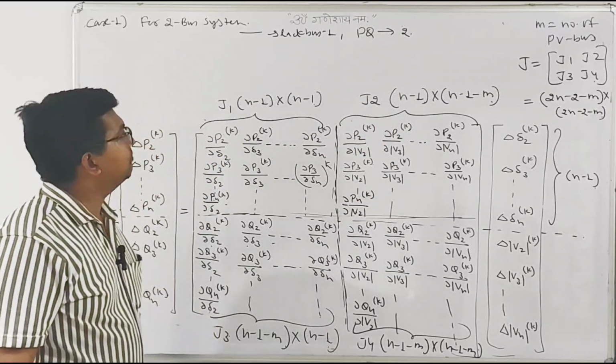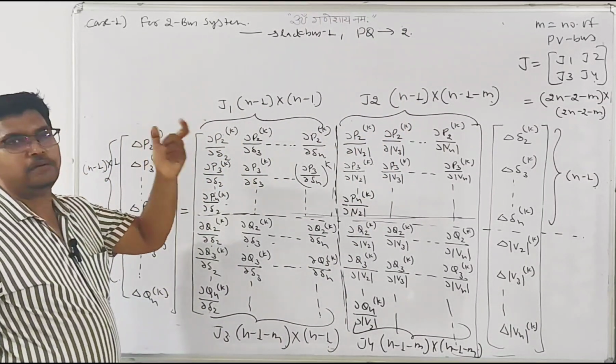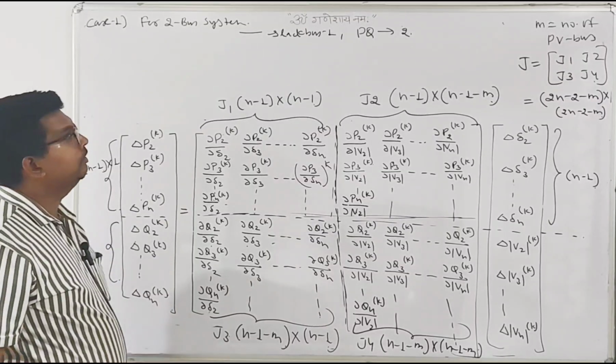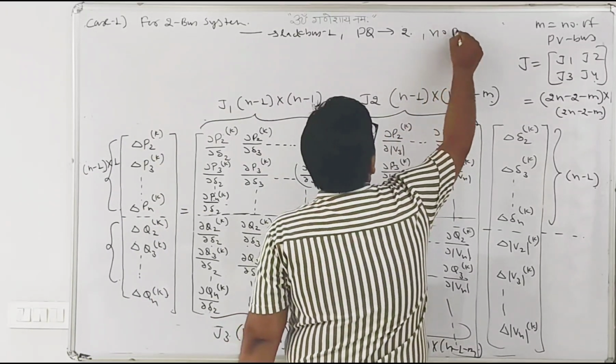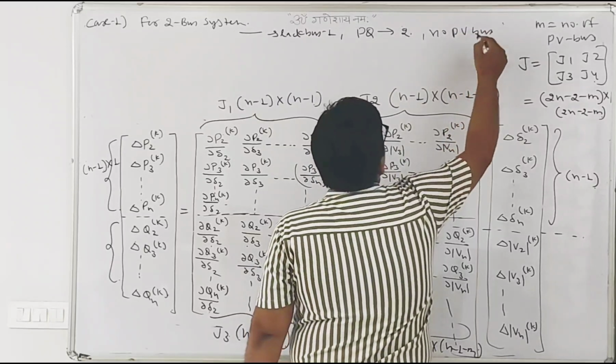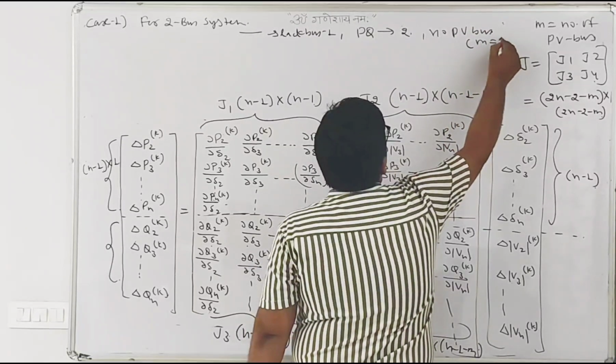So we have 2 buses, one slack bus and one PQ bus. There is no PV bus. So for this case, m will become 0.